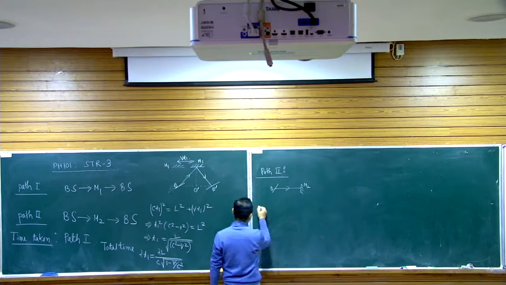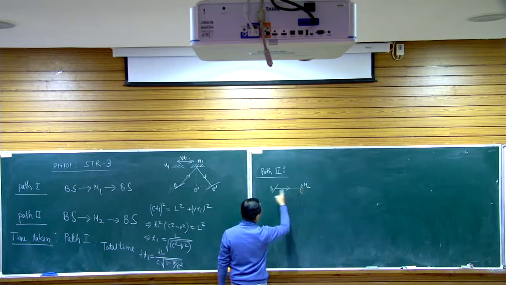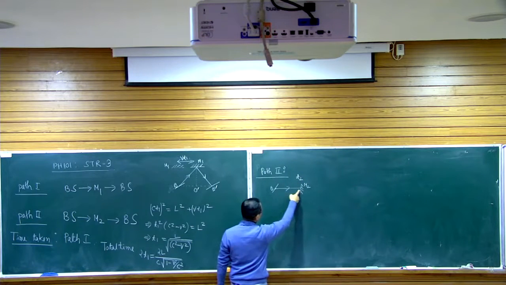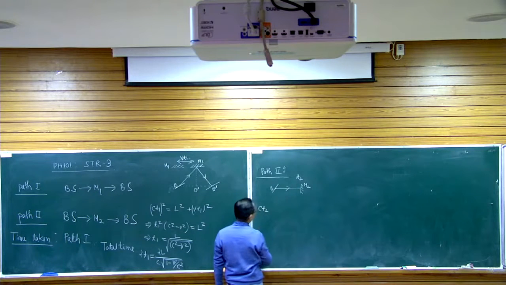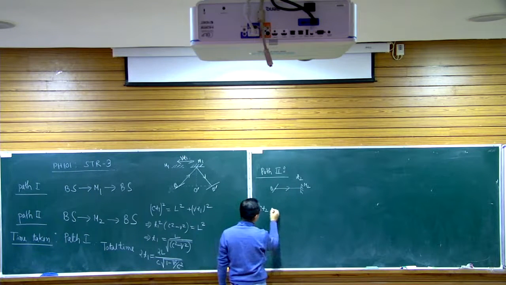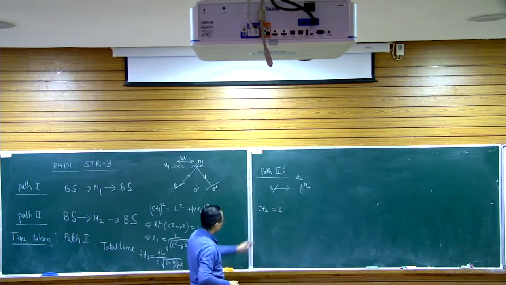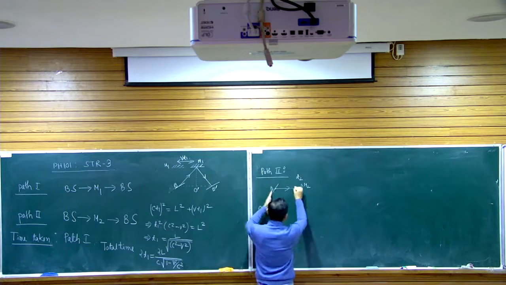So T2 is the time taken by light to go from here to here. This distance as part of frame S is equal to CT2, and this has to be equal to the length and the additional length that the mirror will travel, which is V into T2.